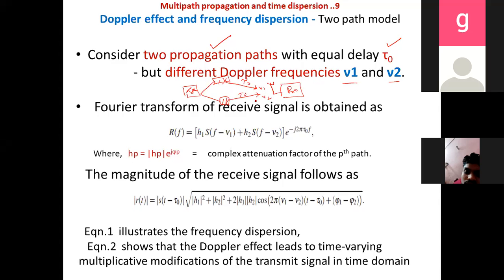We have seen R(t), the received signal formula, and its frequency domain formula. Okay, so now the frequency domain equation of the signal which is getting affected by the Doppler frequencies, you can see here R(f). Here this is the frequency domain equation.